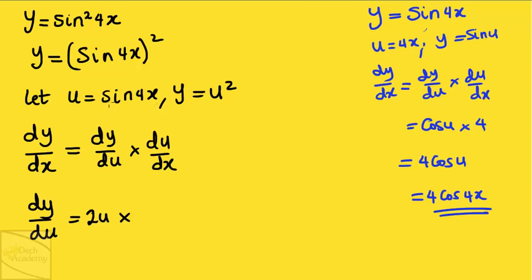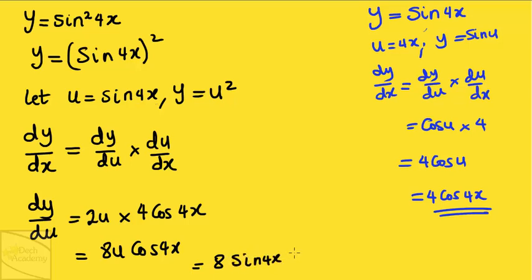So differentiating sine 4x with respect to x is the same thing as I did here, and that gives 4 cos 4x. And this is equal to 8u cos 4x, where u is sine 4x. So it's 8 sine 4x times cos 4x.